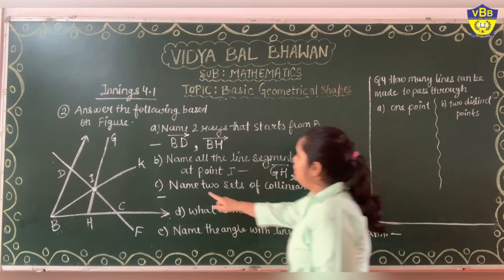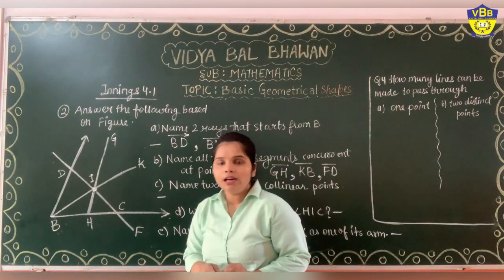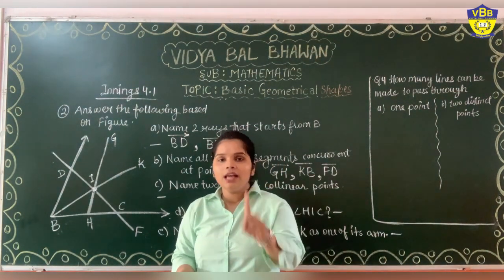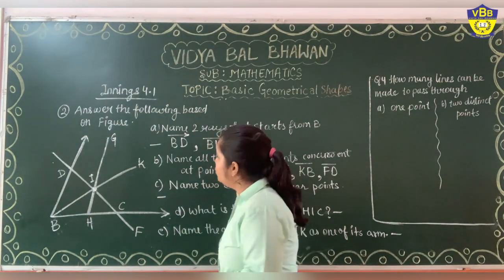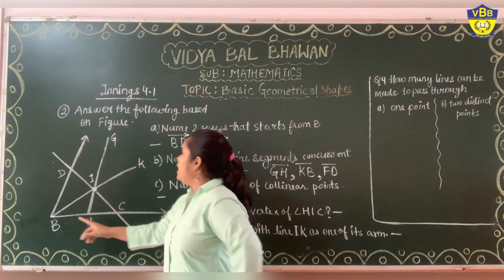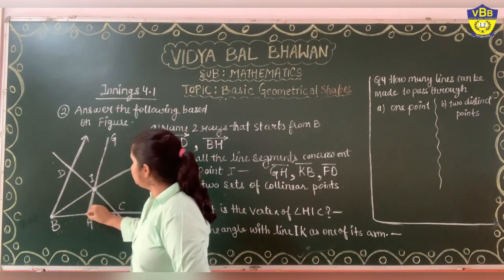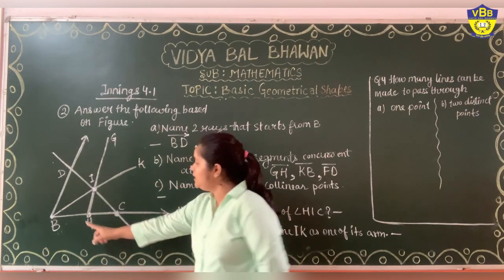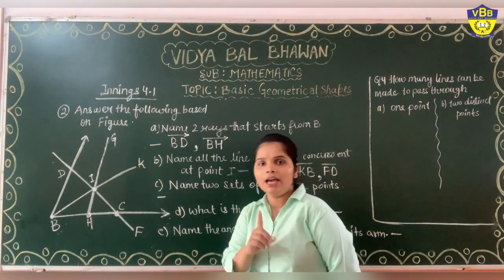Next one, name two sets of collinear points. Collinear points are the points which lie on a single line, which can be joined using one single line. So look at this figure. You can see here, this is point B, this is point H, this is point C. And these three points are joined using only one single line.